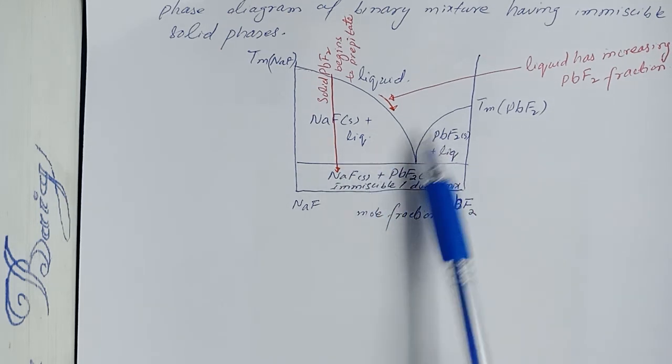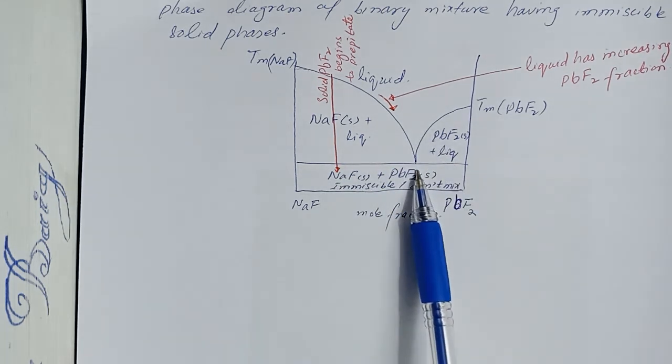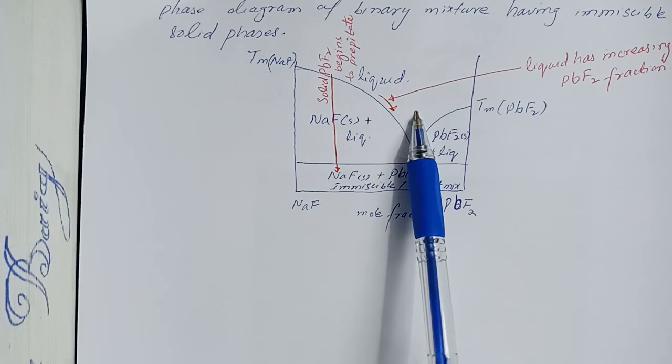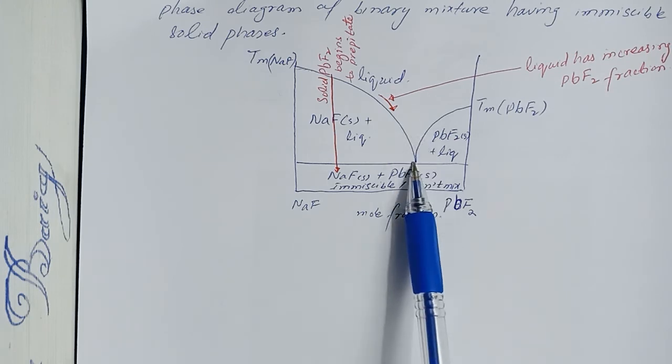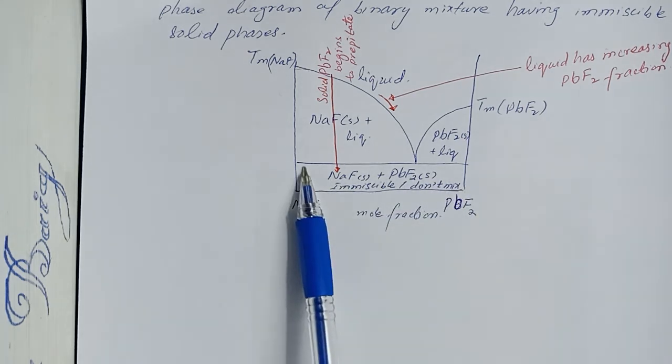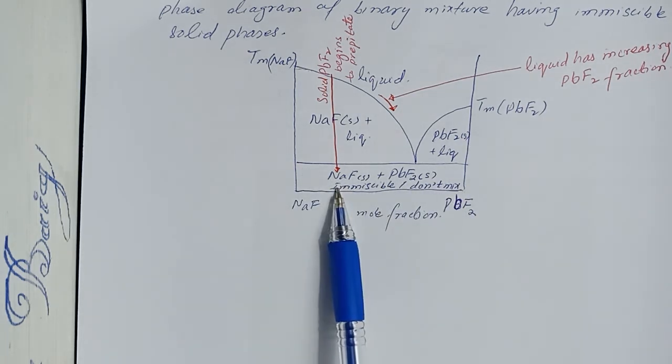All other information is similar to that explained for the diagram for miscible liquids showing a eutectic point with miscible solids. So here the difference is the presence of immiscible solid phase.